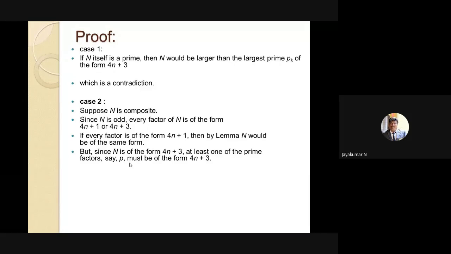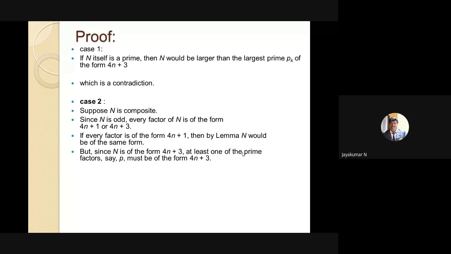So from this I can conclude that at least one of the prime factors, say p, must be of the form 4n plus 3. If you assume that every factor of n is of the form 4n plus 1, then n would be of the form 4n plus 1. But n is of the form 4n plus 3, so at least one of the factors should be of the form 4n plus 3.